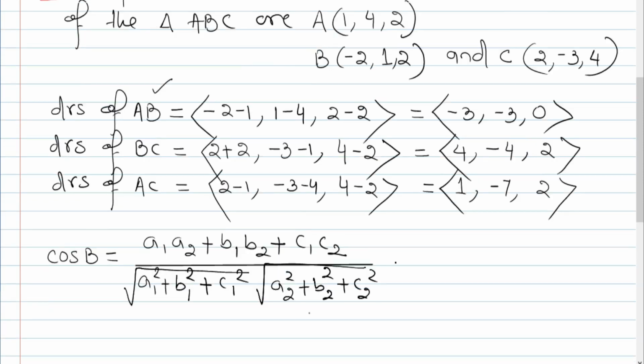So here you take a1 b1 c1 as the DRs of AB, and BC having the DRs a2 b2 c2.